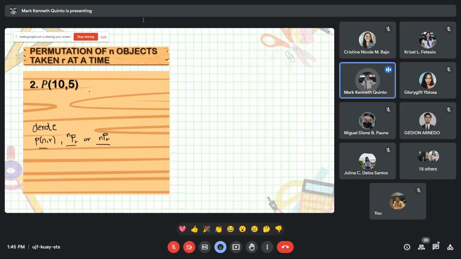So if we have here the permutation of 10 objects taken 5 at a time, we can write it in these three ways, because our n is 10 and our r is 5.